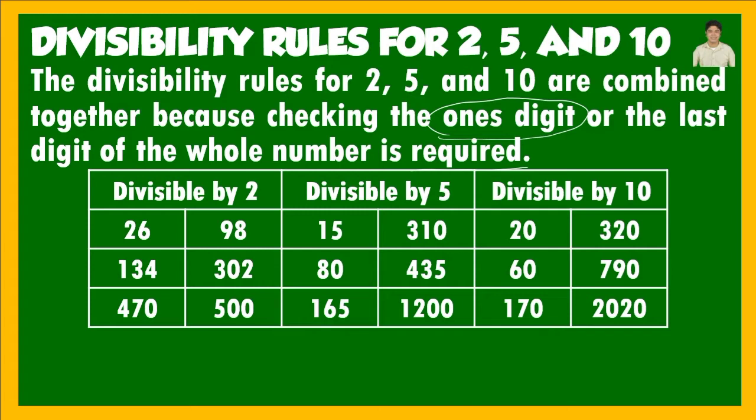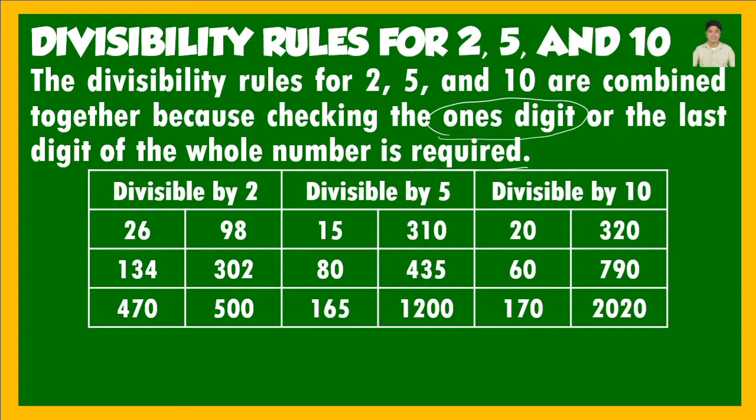And then on the second column, we have divisible by 5. What do we notice in the examples divisible by 5? If you know what the numbers have in common, you can list it. And then we have examples for divisible by 10. What is common in the given numbers divisible by 10?